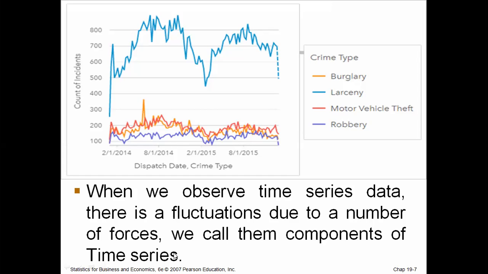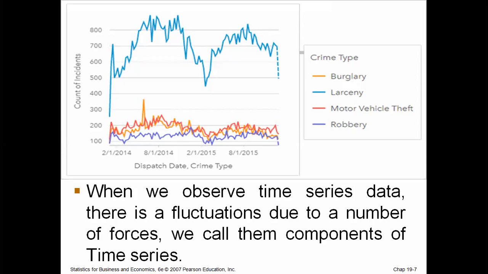Generally, we call them components of time series. When we have fluctuations in our time series data, why are there fluctuations? There are a number of factors which can influence that fluctuation. It may be a decrease, it may be an increase.